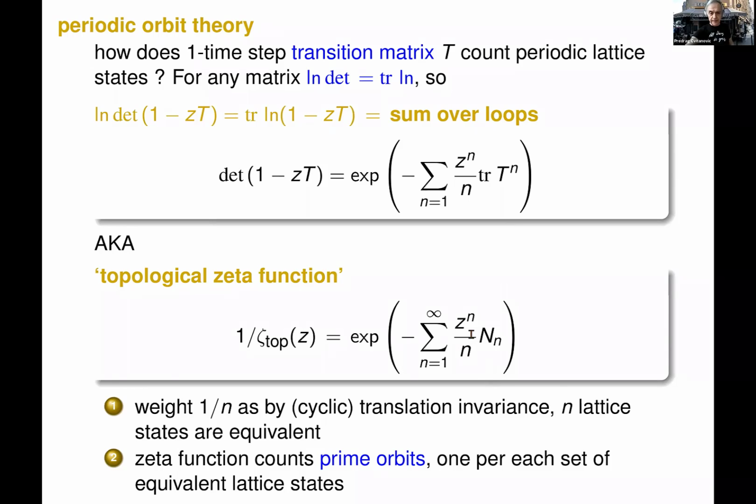That's why there's 1/n. And the brilliant thing about this is that the zeta function only cares about orbits rather than individual solutions because they come in families. It's even more brilliant than that. It doesn't care about orbits, but it cares about prime orbits, which are the shortest non-repeating orbits. So this is a generalization of the notion of prime number versus natural number. That's how Riemann and Euler come into this.